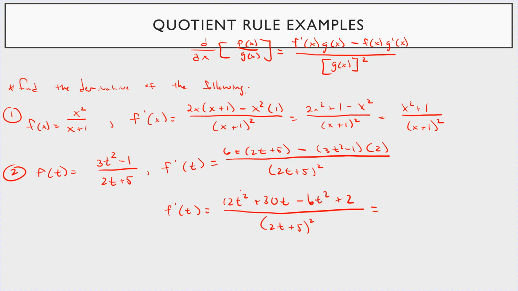So 12t squared minus 6t squared becomes 6t squared plus 30t plus 2 all over 2t plus 5 squared. And you could factor out a 2 in the numerator, but I'm just going to leave it like that. So again, just follow the formula and then simplify the resulting expression.